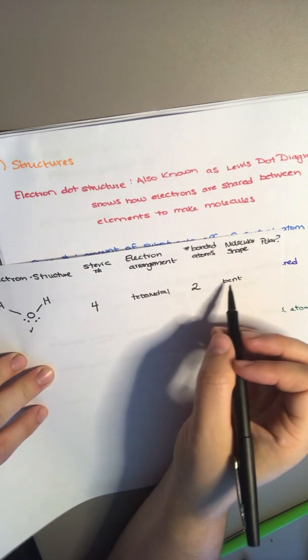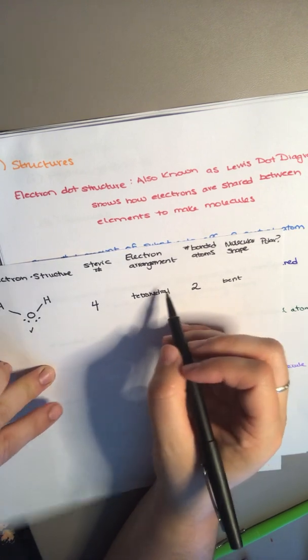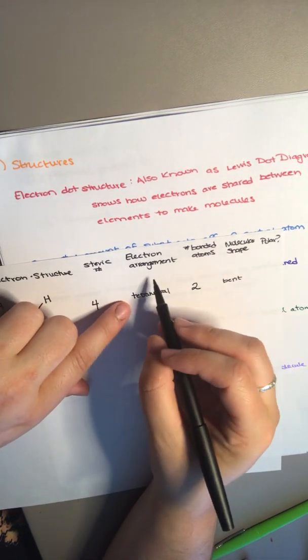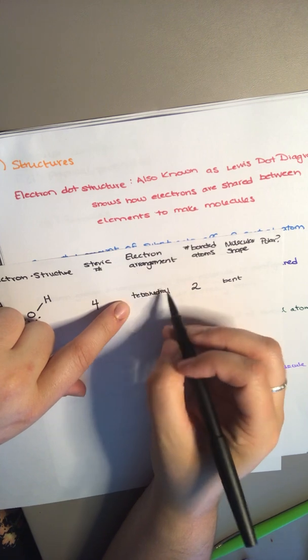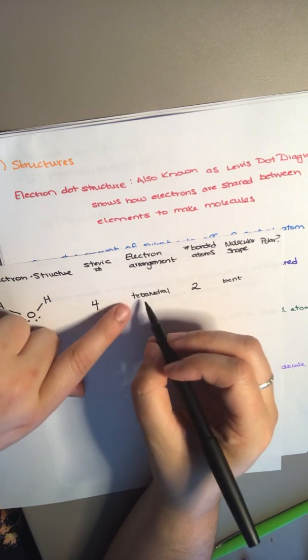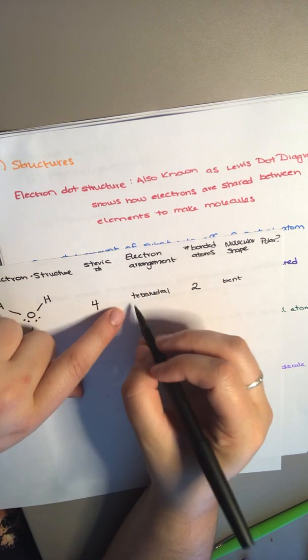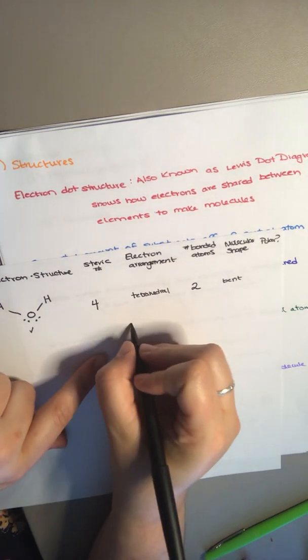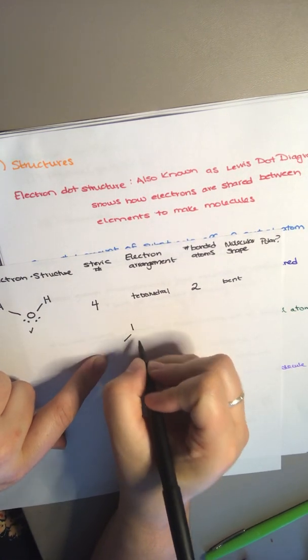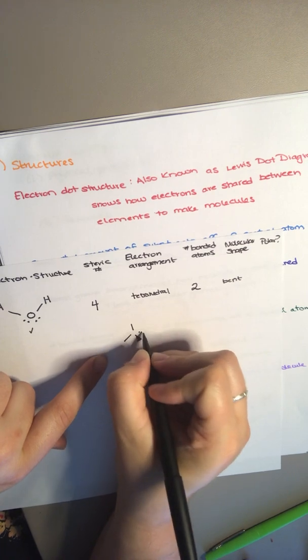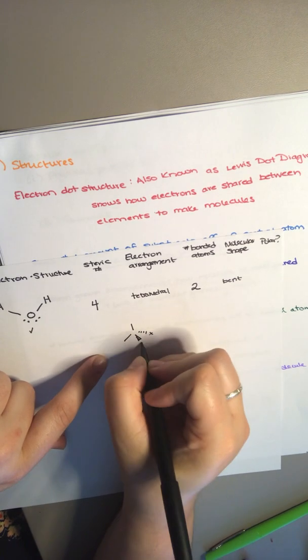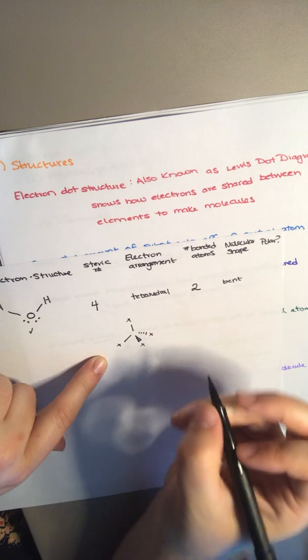Excuse me. And one of the things that you want to think about is our molecular shape is based off of our electron arrangement. So we have our tetrahedral, so I'll draw out the tetrahedral here actually. So this is just a quick example of one. And I'm just going to put X's on the sides.